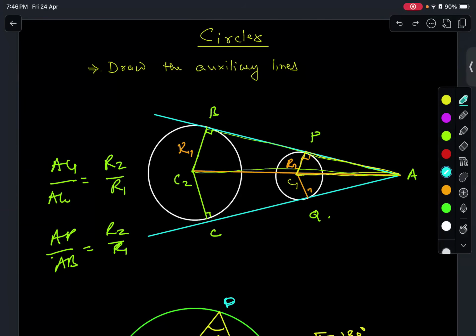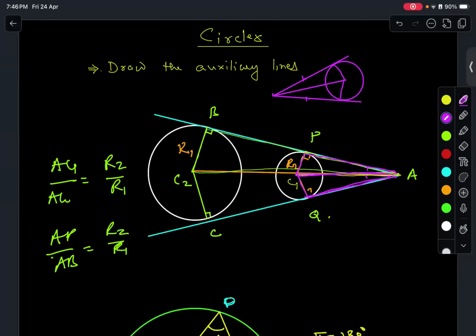The triangles AC1P, AC2P and AC1Q are congruent. This triangle and this triangle. Very good, beta. See, this angle will be the same. From any external point, if you draw tangents, two tangents are possible, and the length of the tangents will always be equal.